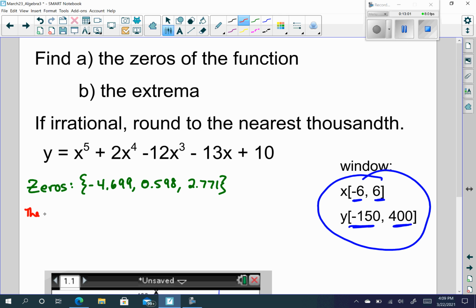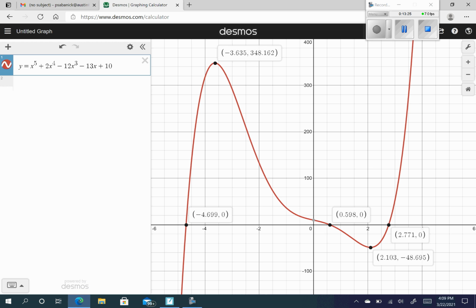We're going to say the relative max is y equals 348.162 when x is equal to -3.635. And then we say the relative min. If we go back to that picture here, the relative min is -48.695 when x is 2.103.